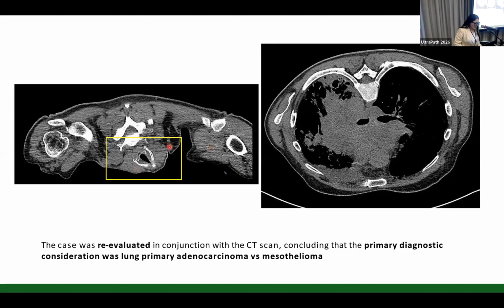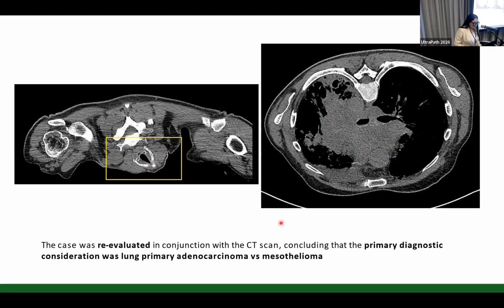So we can observe these bilateral lymphadenopathies causing displacement of the trachea. We also identified lymphadenopathies in the mediastinal area, and a lobulated tumor predominantly affecting the right lung.